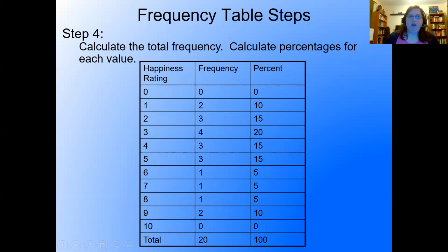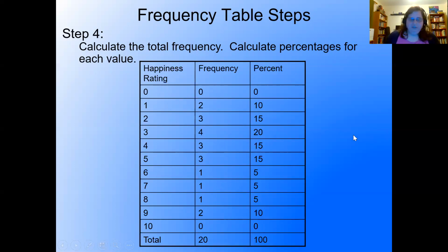We would get 0.10, multiplied by 100, because 0.10 is really our probability, and we would get 10. Same thing here. We have a frequency of 3. 3 divided by 20 gives us 0.15. 0.15 times 100, 15. Okay, so that's how we get these percentages.